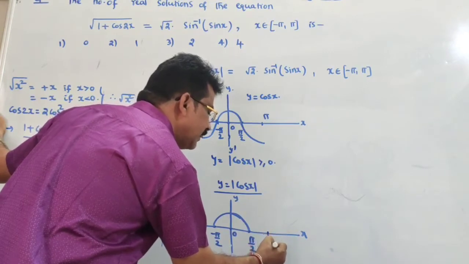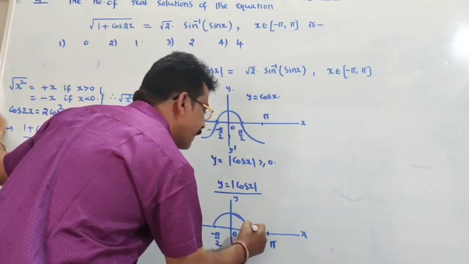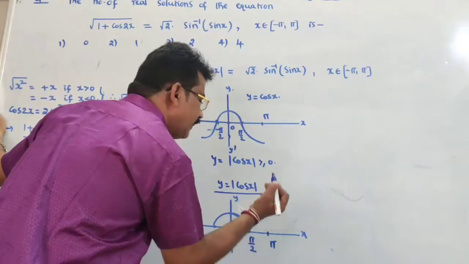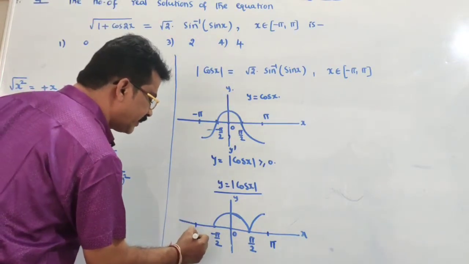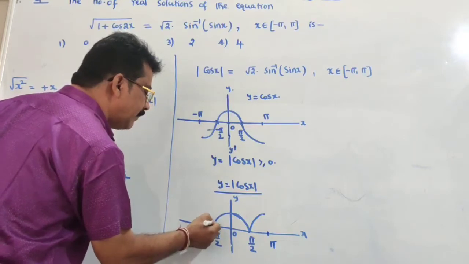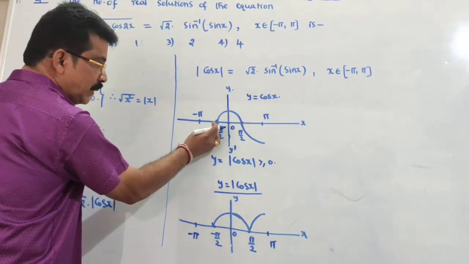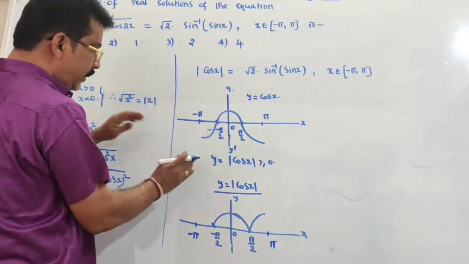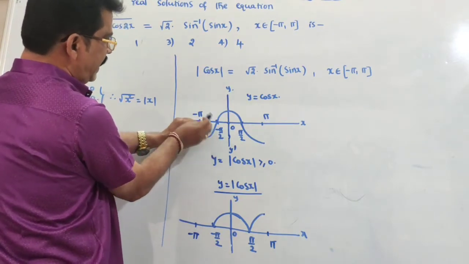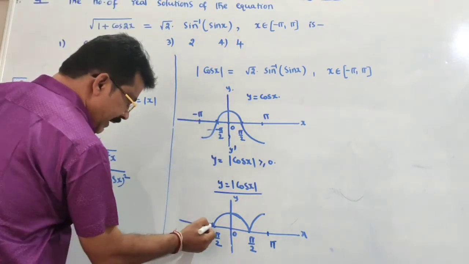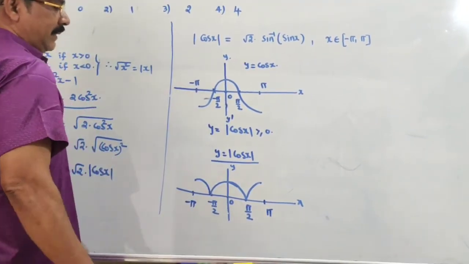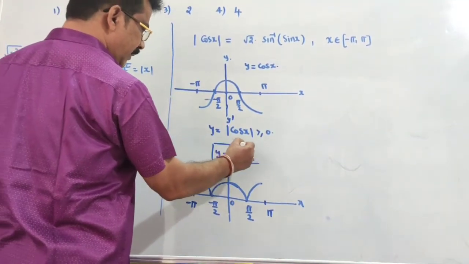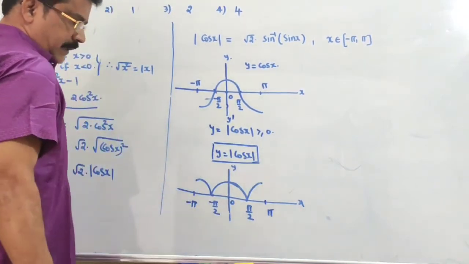There is pi, then it becomes like that, and on this side it is minus pi; it is towards y dash, therefore its image will be above the x axis, like that. This is the y equal to modulus of cos x graph.